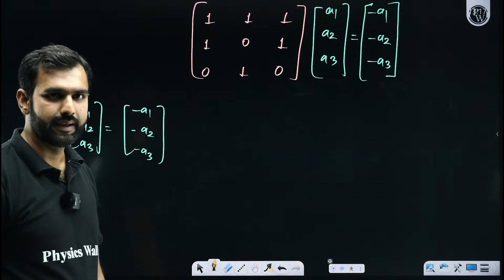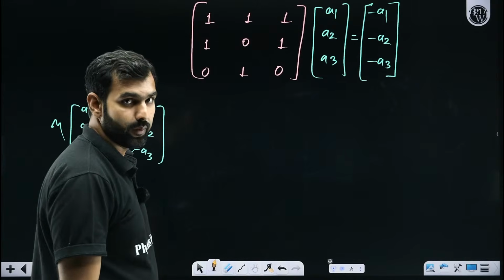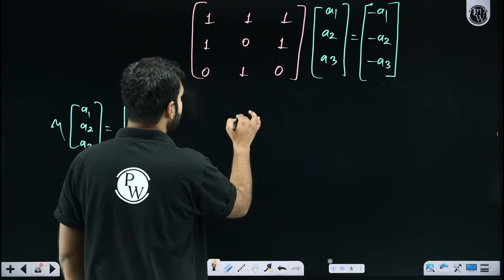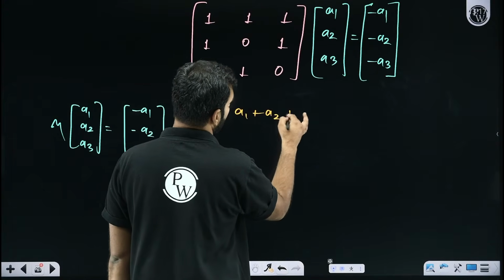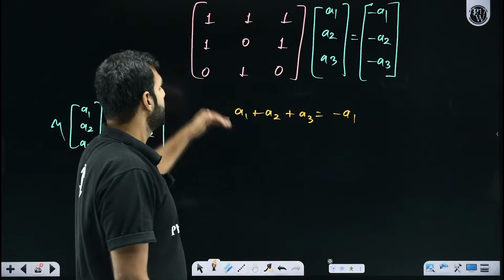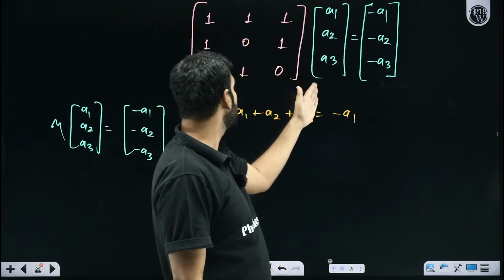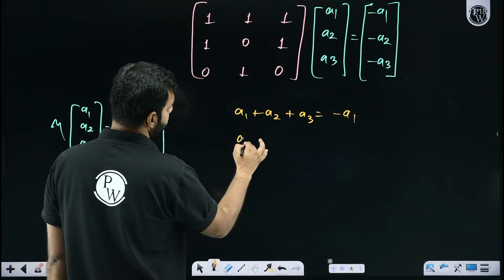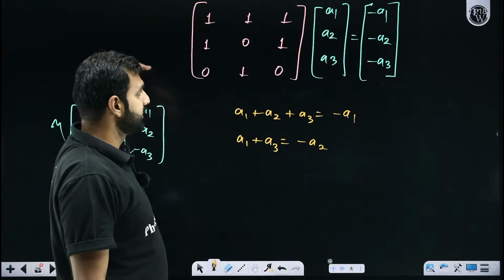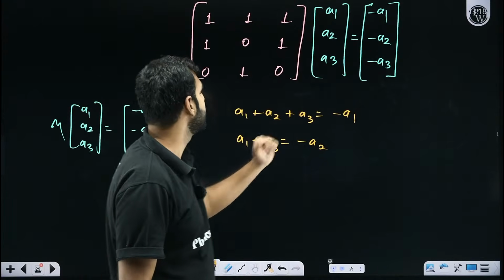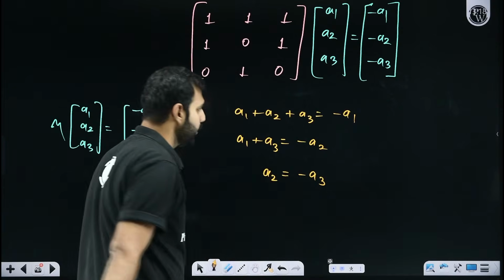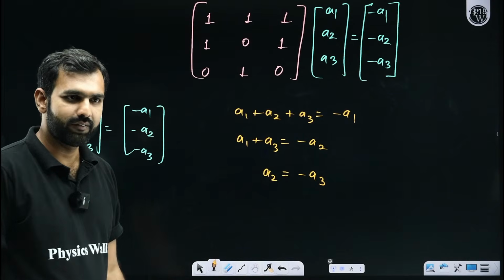When you start solving this, it is A1 plus A2 plus A3 which will be equal to minus A1. Did you all get this? Then 1 0 1 with A1, A2, A3, so it will be A1 plus A3, which is equal to minus A2. Then 0 1 0 with A1, A2, A3, so it is A2, which is equal to minus A3. Did you all get this? Everybody with me on this?